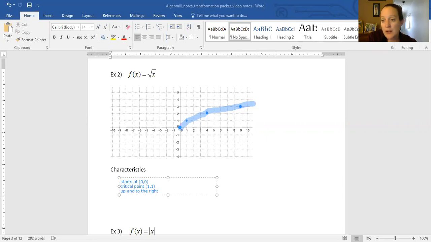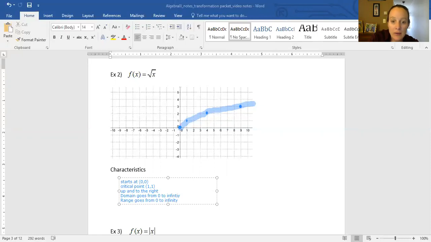And if we want to be very specific, the domain, we can add some of this fancy language. The domain goes from 0 to infinity, if we kept this line going. The range also goes from 0 to infinity.